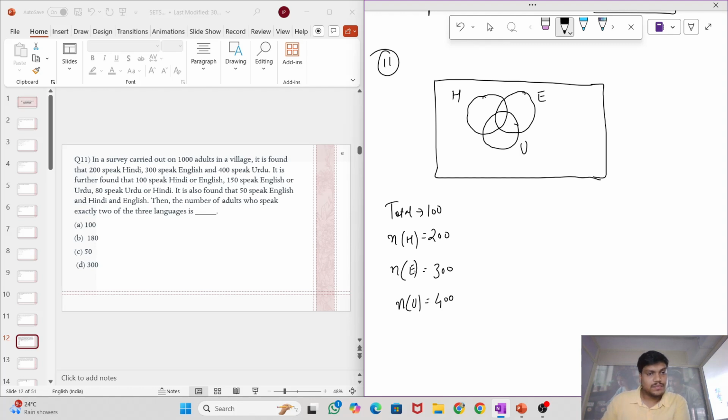And it is further found that 100 speak Hindi or English. When I say Hindi or English, it means that either they will speak Hindi or they will speak English, that is any one out of the two. So I can say it is the intersection between the Hindi and English speaking people.